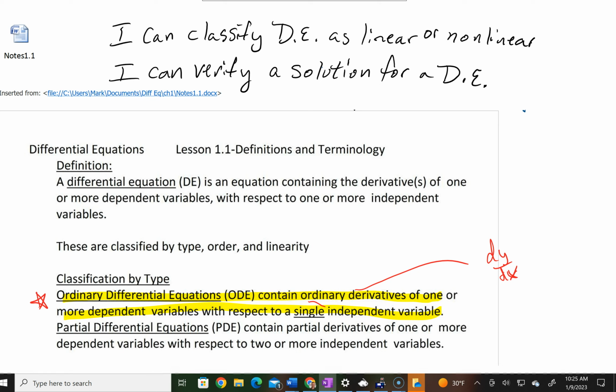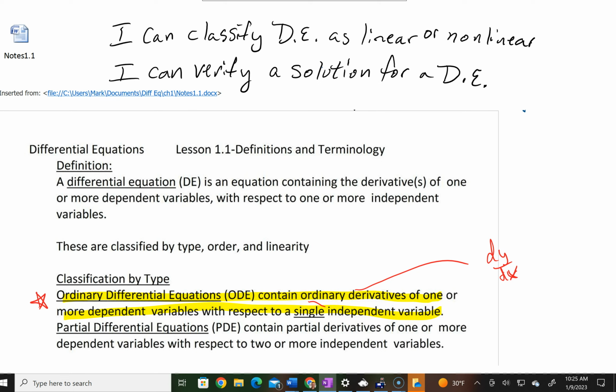You can look at our learning targets at the top. I can classify a differential equation, by the way, you'll abbreviate that very frequently with just a DE, as linear or nonlinear. You could have a linear differential equation or a nonlinear.